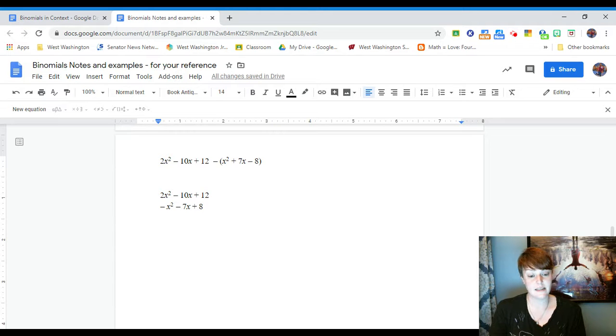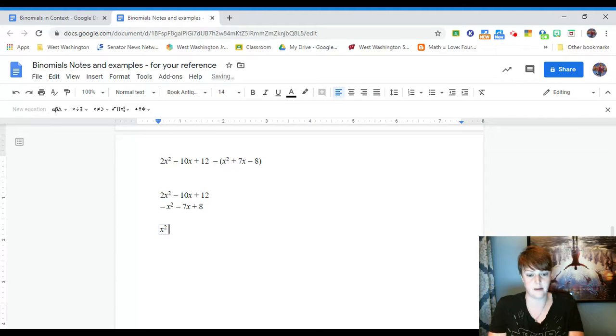2x squared minus x squared is just going to be 1x squared, or x squared. And then negative 10x minus 7x is negative 17x. And then positive 12 plus 8 is going to be, oh sorry, I already have the plus 20.